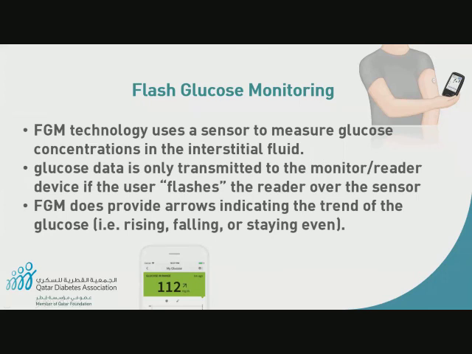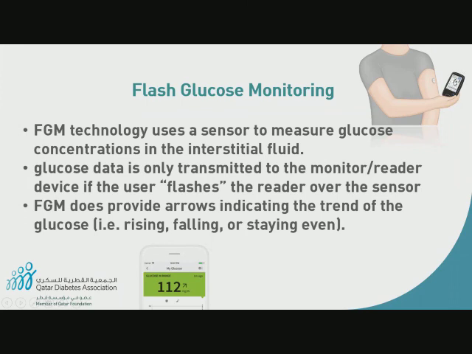Those systems have two separate devices. One is the sensor that gets attached to the body, and it has a small capillary inserted underneath the skin. And this sensor comes with a reader, a small machine, as you can see here in the picture.